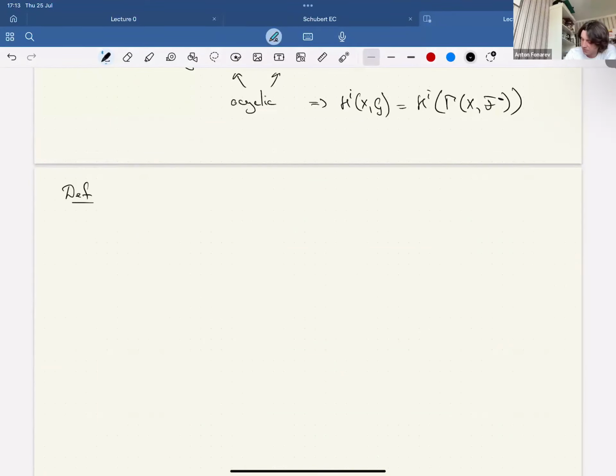So by definition, F is flask, not necessarily a sheaf of abelian groups or anything, if for any open subsets V in U in X, the restriction from F of U to F of V is surjective.